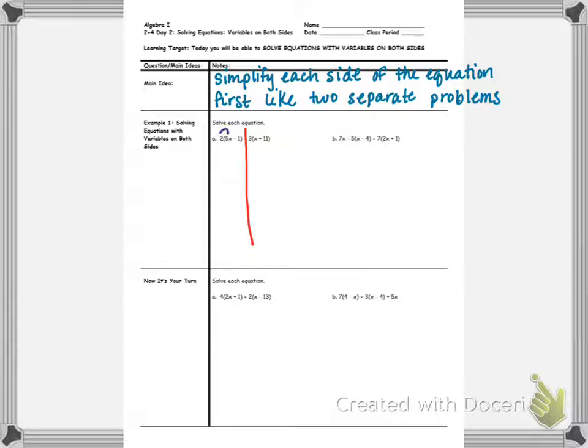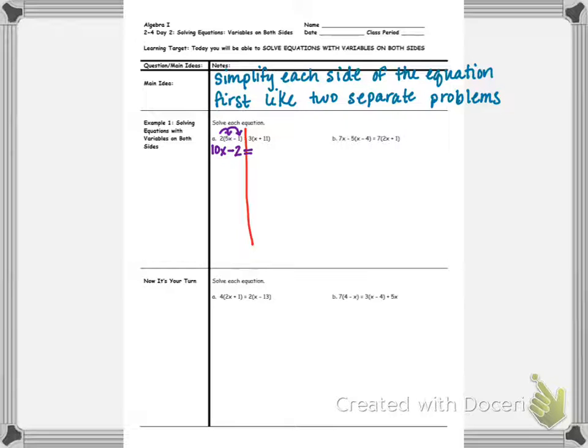I'm going to take 2 times 5x and 2 times that negative 1 on the left-hand side. 2 times 5x is 10x. 2 times negative 1 is negative 2. All right, that's simplified. There's no like terms to combine. 10x minus 2, I'm good there.